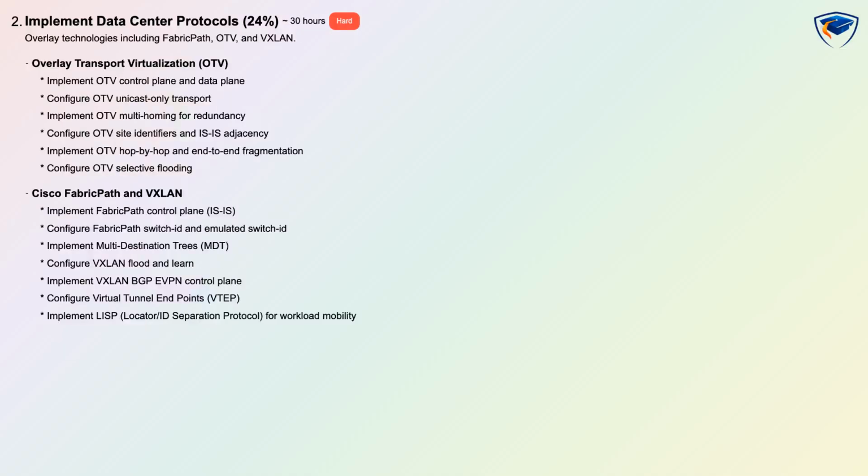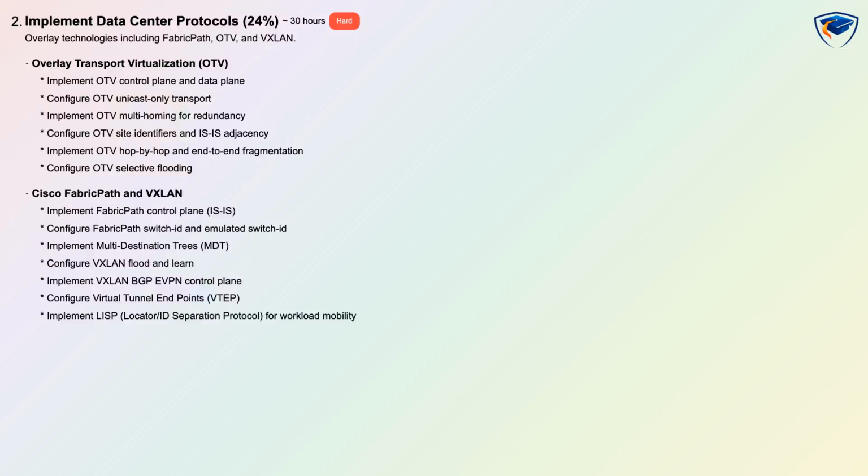Implement Data Center Protocols is 24% of the exam, rated hard, with about 30 hours of study and scenario-based assessment. This domain covers overlay technologies including OTV, FabricPath, and VXLAN so you can design stretched Layer 2 domains and scale multi-site connectivity.